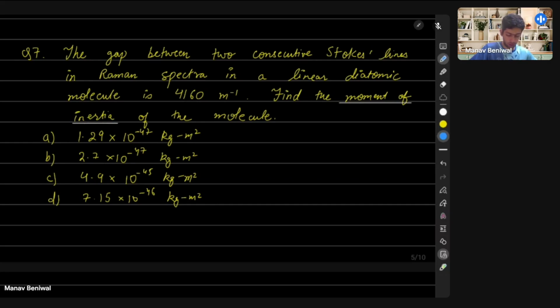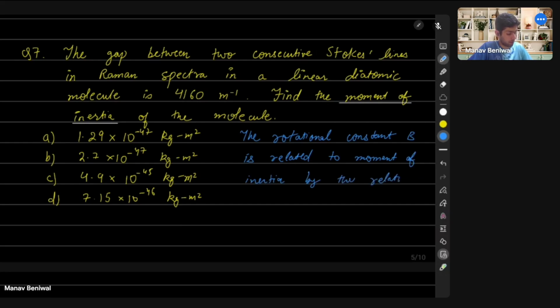Before starting this one, we should first note that the rotational constant B is related to the moment of inertia by the relation B equals h over 8 pi squared I c.